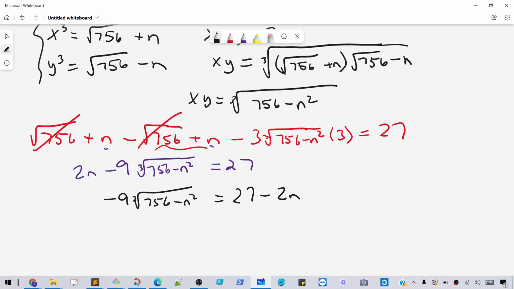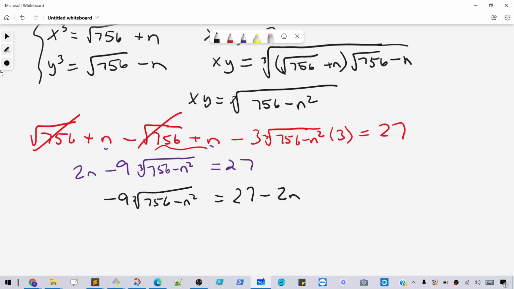Instead of simplifying further, let's look at some possible values. We know n squared is positive, since the square of anything is positive. We can look at all the perfect cubes, because in a problem like this we're looking for an integer solution. I'm going to assume that, even though it wasn't clearly stated.